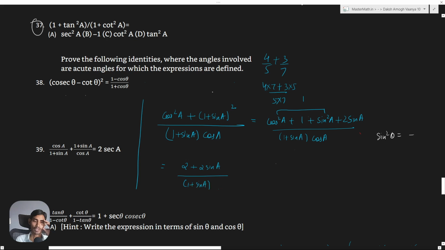Next step. Any doubts till now? Vanya, any doubt? No. Next step, Naveen. So next step we get 2 by cos A because sin A and sin A will get cancelled. So I should cut sin A and sin A like this.